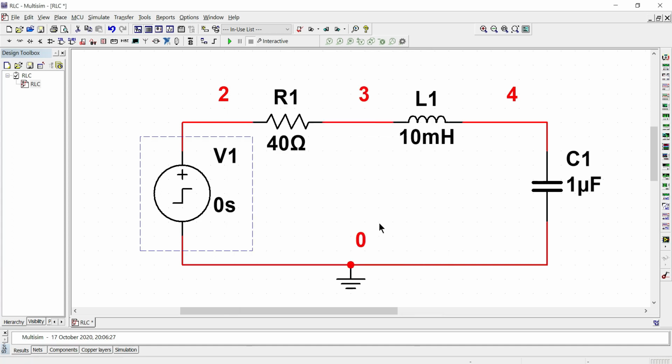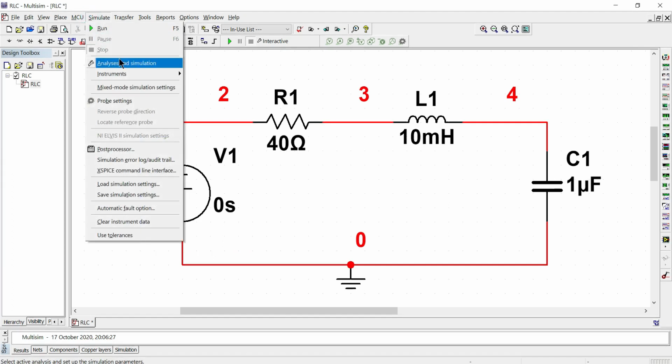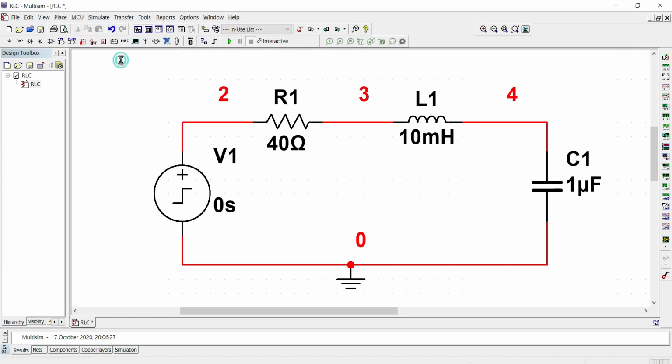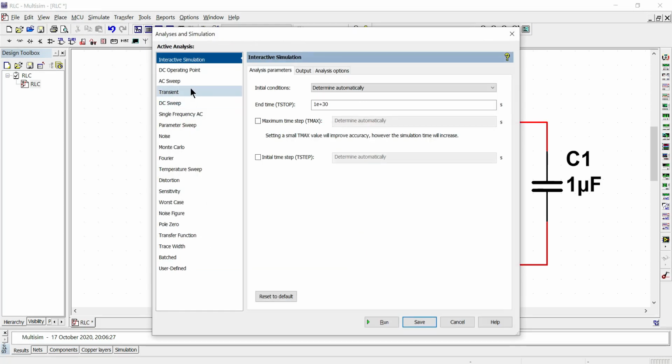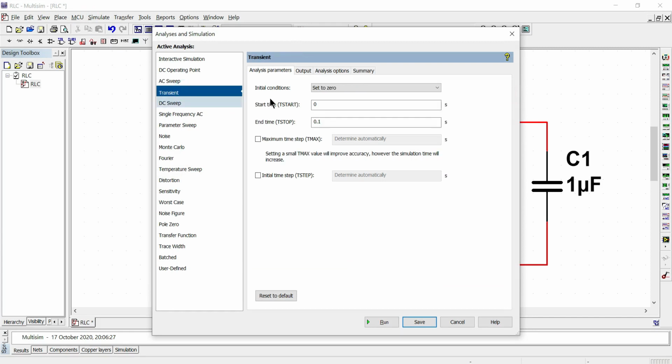To start the analysis, go to Simulate, Analysis and Simulation. Select the type of analysis as Transient. Under the Initial Conditions tab, select Set to 0.